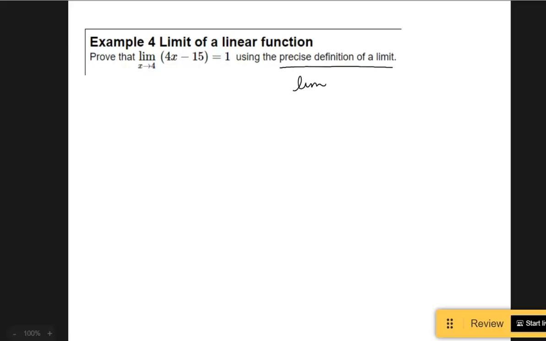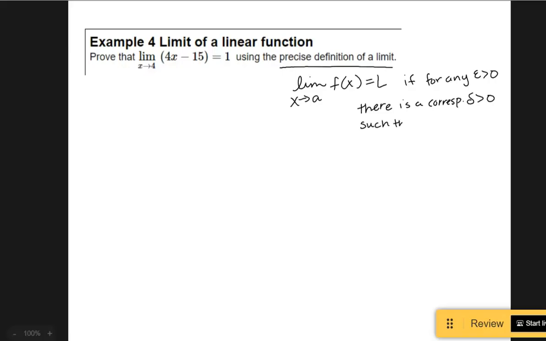So remember, that says the limit as x approaches a of f of x is equal to L if for any epsilon greater than 0, there is a corresponding delta greater than 0 such that this distance is true whenever this is true.